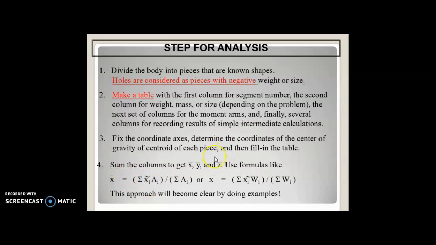After you get the center of gravity of each piece, you sum up to get the total center of gravity of the total shape. This approach will become clear by doing an example. After this we are going to go for the example. That's it.